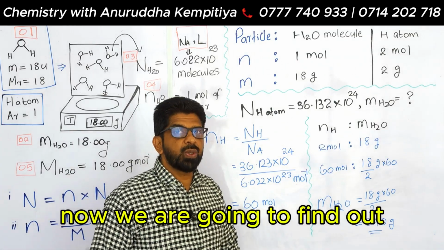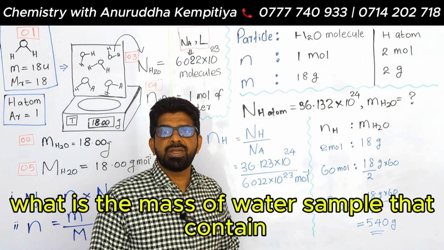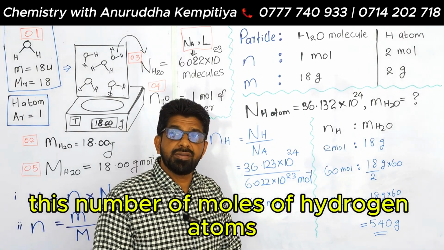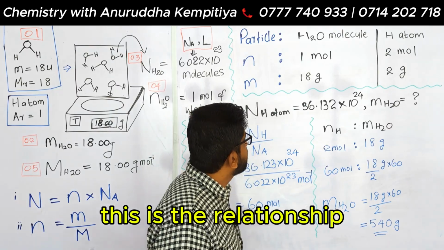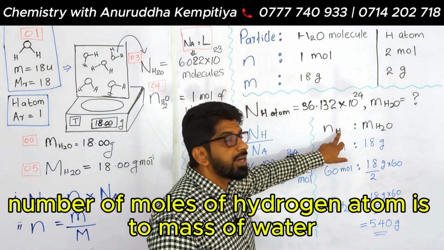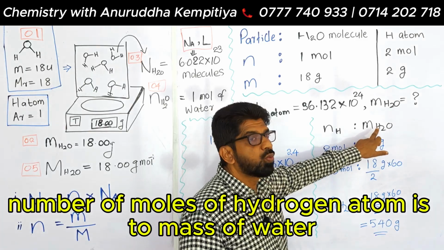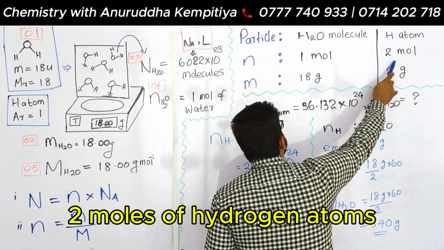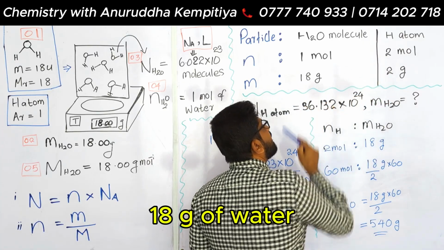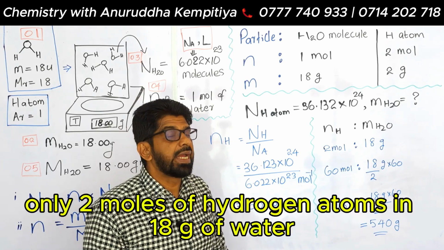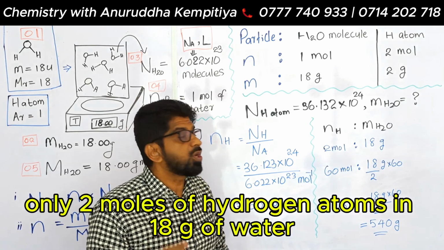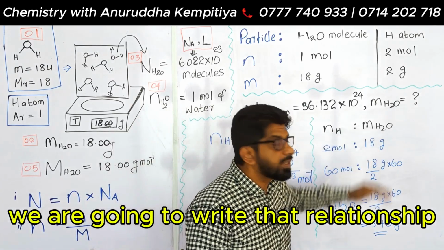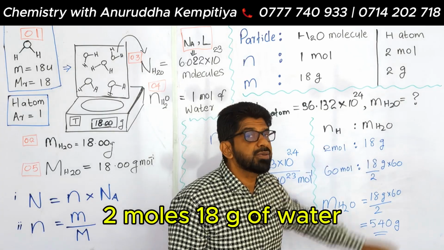Right, now we are going to find out the mass of the water sample that contains this number of moles of hydrogen atoms. This is the relationship: number of moles of hydrogen atoms to mass of water. See, 2 moles of hydrogen atoms, 18 grams of water. Only 2 moles of hydrogen atoms in 18 grams of water. So we are going to write that relationship: 2 moles, 18 grams of water.